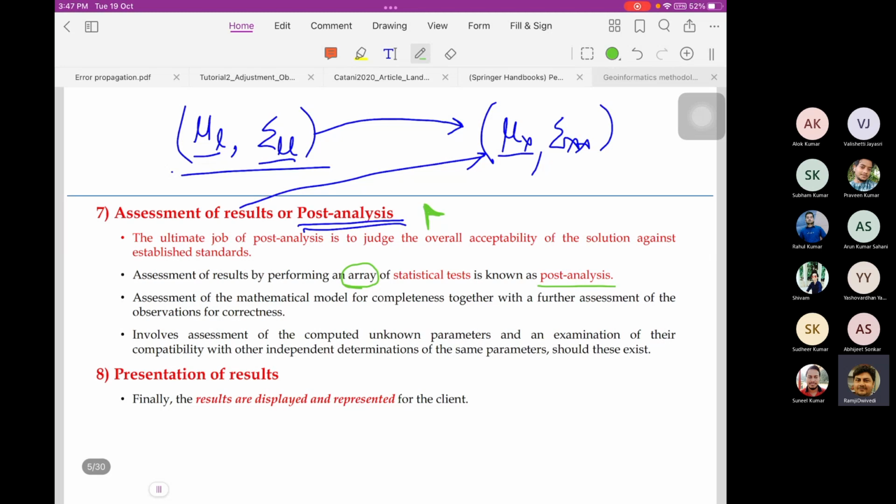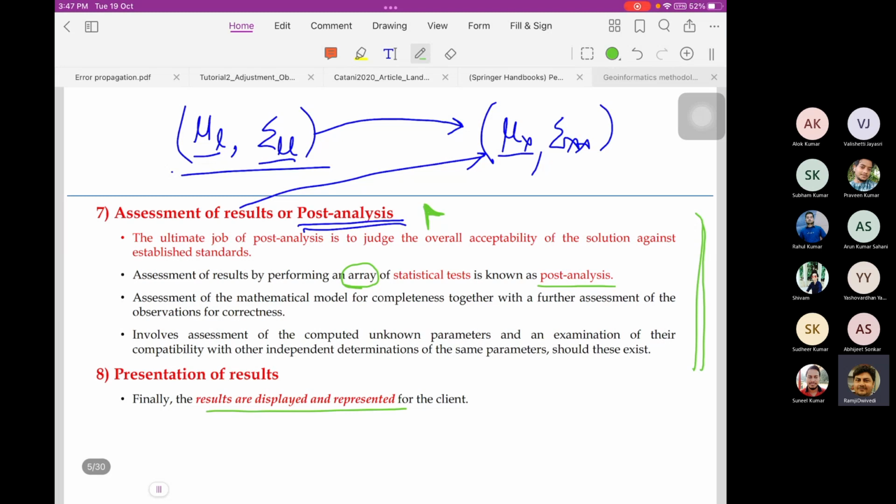So we are trying to use those post analysis checks to have a balance and checks in our system so that no result would go ahead that has failed these tests. And then the last step is the presentation of the result. The results are displayed and represented with a report from the post analysis segment. So it is a multiple page report once you do the assessment.